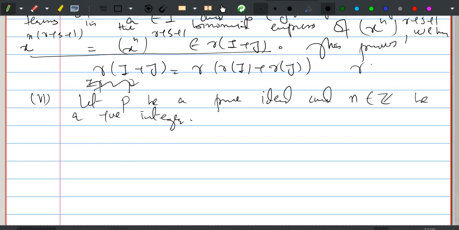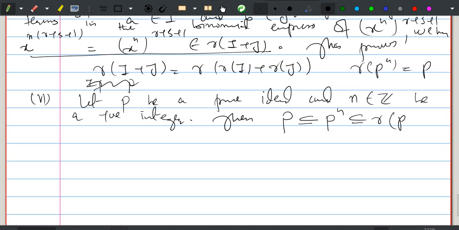We have to prove radical of p to the power n is actually p. So then this p is contained in p to the power n, and this p to the power n is contained in the radical of p to the power n. So this containment is trivial. p is contained in the radical of p, so p is contained in radical of p to the power n.